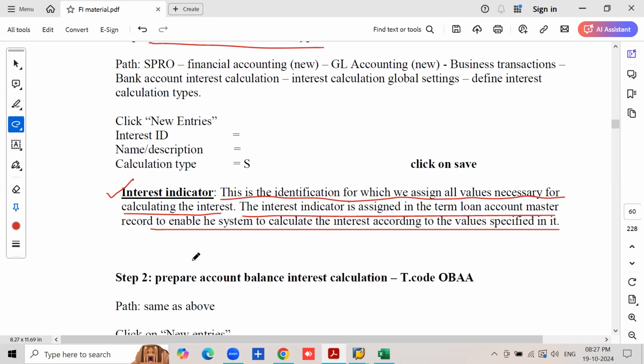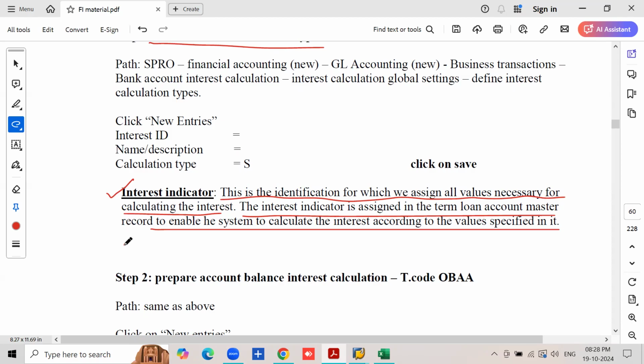Right now, the interest indicators are defined at client level so that they can be used by all the company codes of the client.